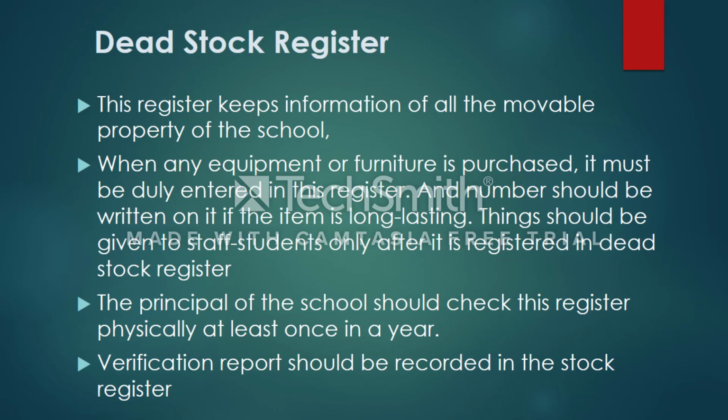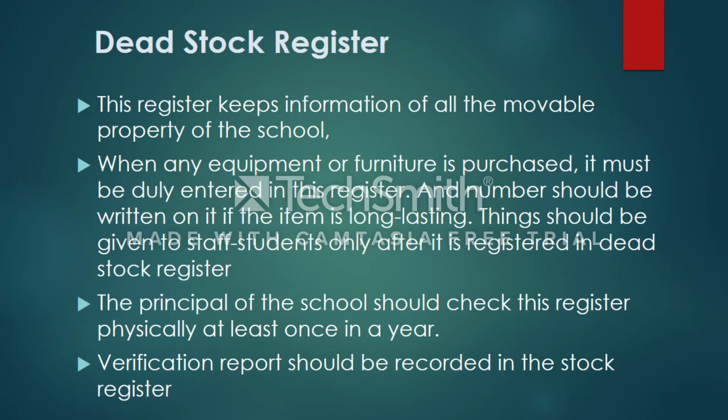When any equipment or furniture is purchased, it must be duly entered in this register. A number should be written on it if the item is long lasting. These things should be given to students only after they are registered in the desktop register.